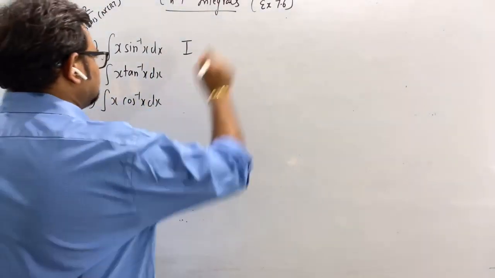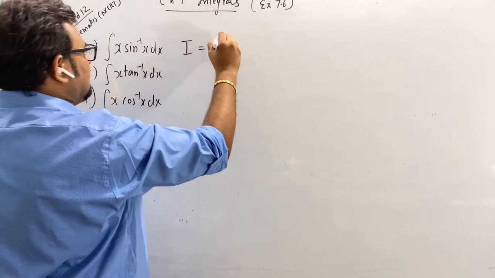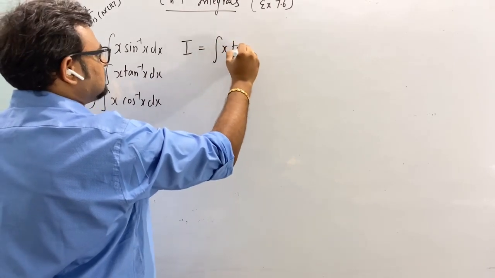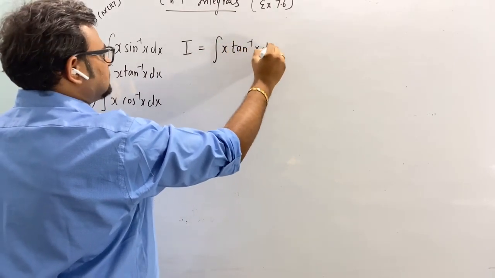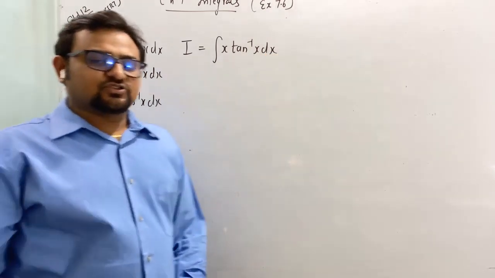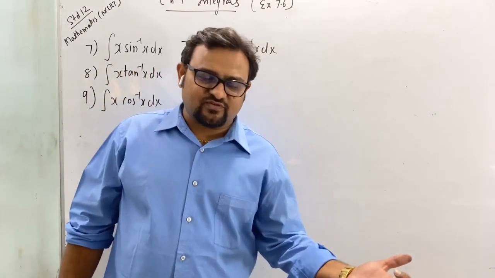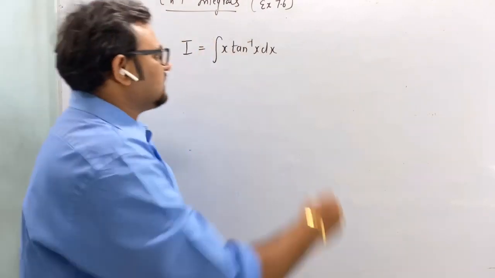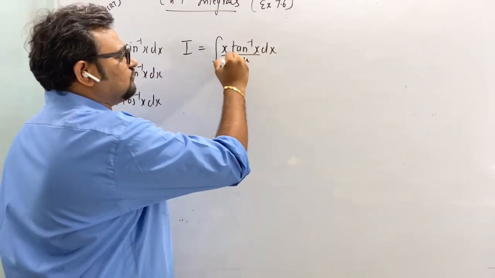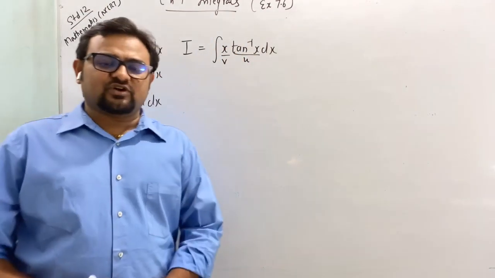I equal to x tan inverse x dx. So again, inverse must be given first priority compared to the algebraic u v. So now what was our formula?